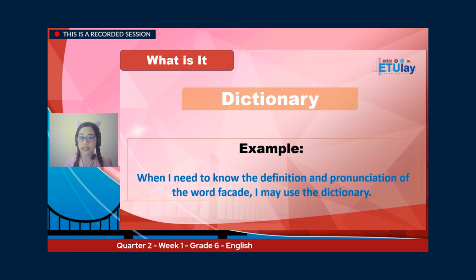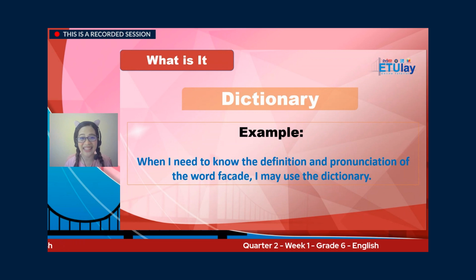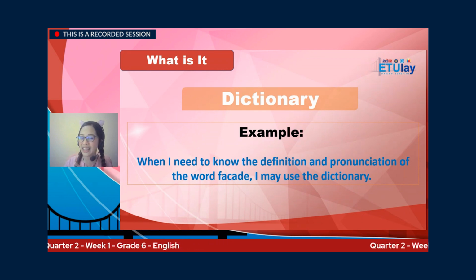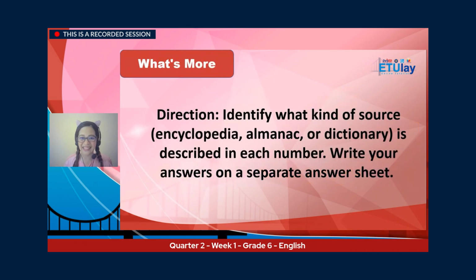When I need to know the definition and pronunciation of the word facade, I may use the dictionary. That's great. So, for this one, we have talked about encyclopedia, almanac, and dictionary. Those are some sources of relevant information.